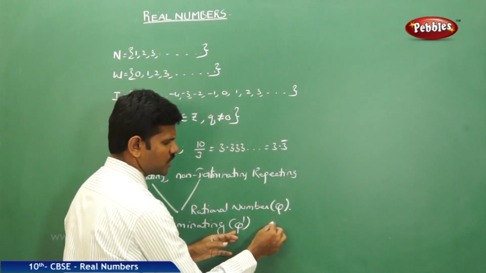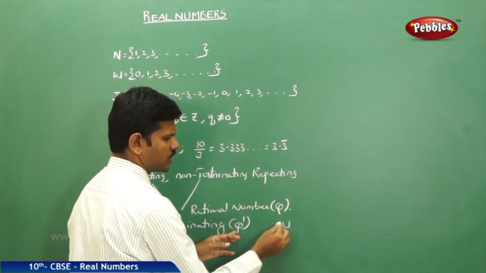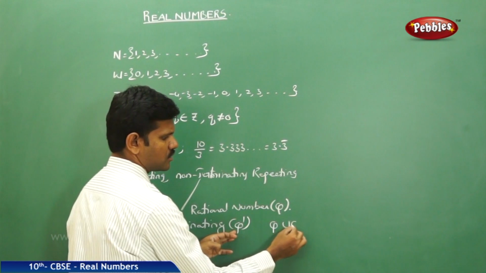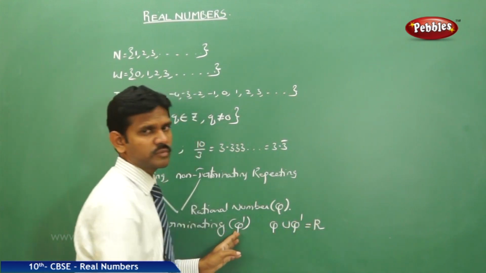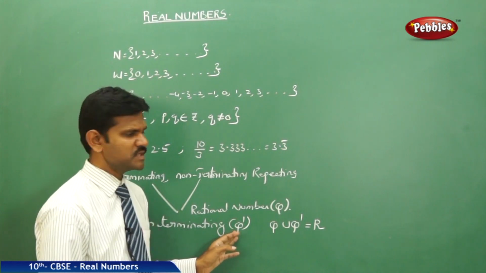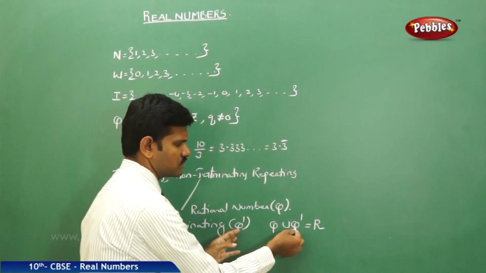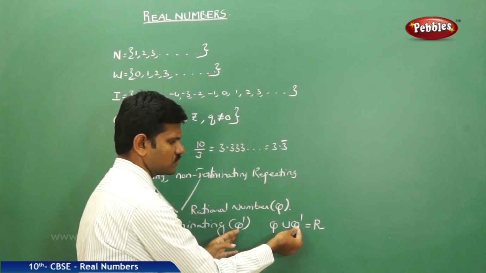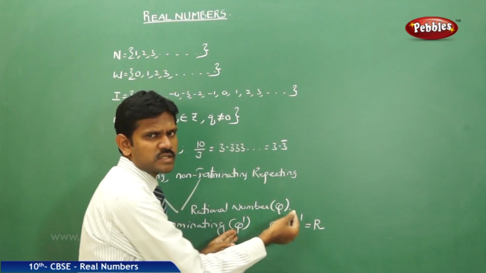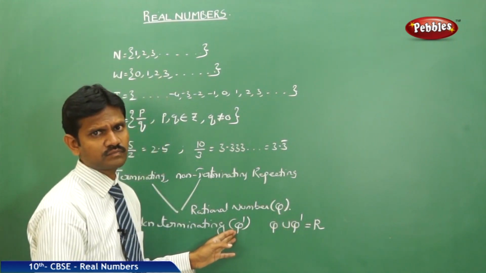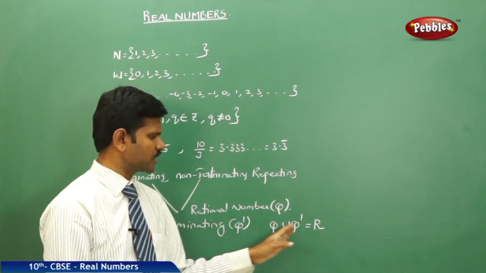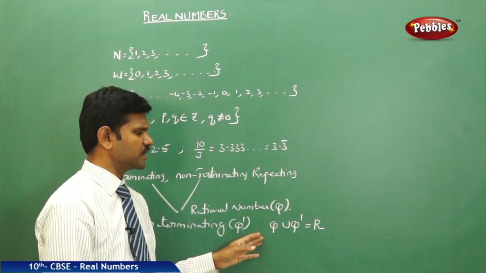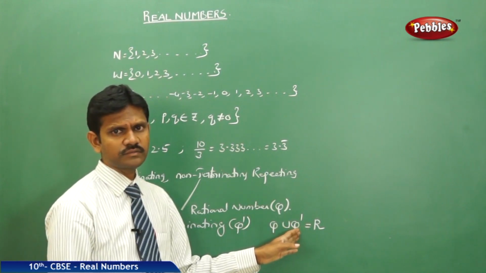Therefore the union of rationals and irrationals we call real numbers. Some people also denote Q dash with S. Therefore, what do we understand by a real number? A real number is a combination of rational and irrational numbers.